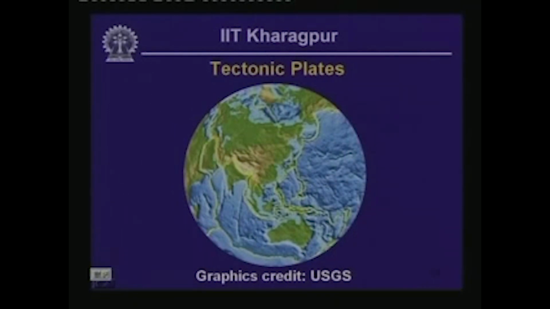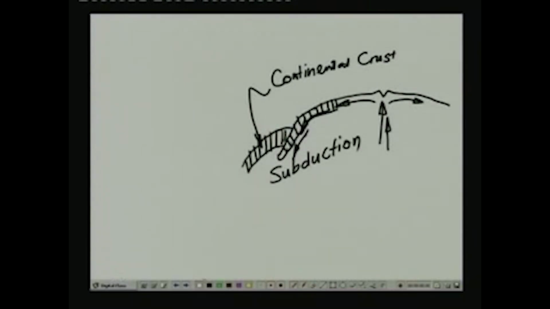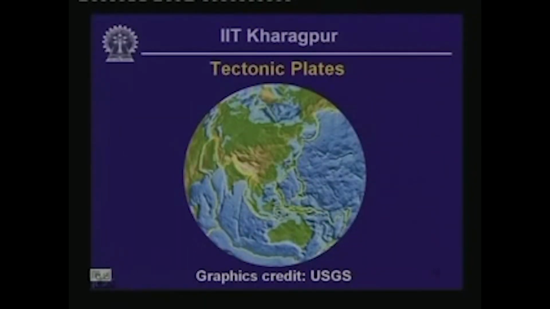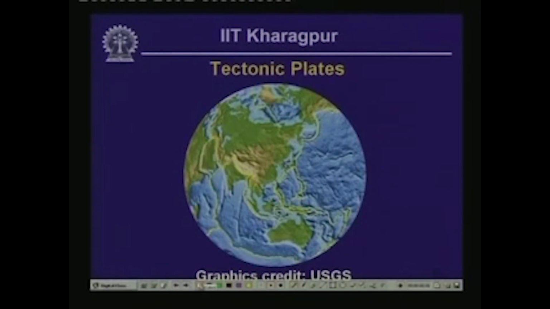Now this one here is the island of Japan, and out here the Pacific plate is trying to subduct underneath the Sea of Japan. Actually, this is ocean. This is an oceanic crust. You can see. Let me get back. We are talking about this boundary here.